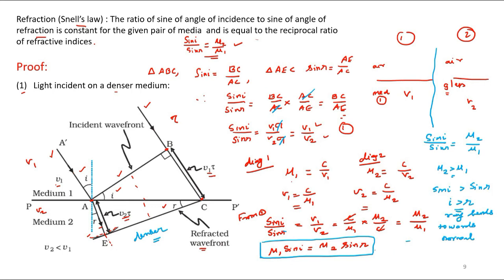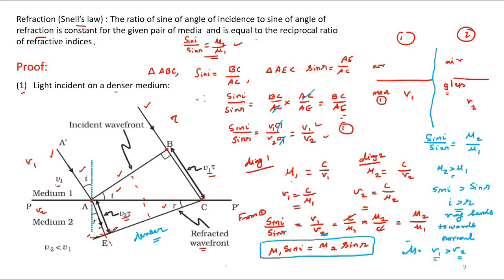Also, one more thing, from sin I by sin R, you get mu2 greater than mu1. Mu2 greater than mu1 here means V1 is greater than V2. That is, speed in the first medium is greater than speed in the second medium. That means in a denser medium, speed is less. That is the conclusion.